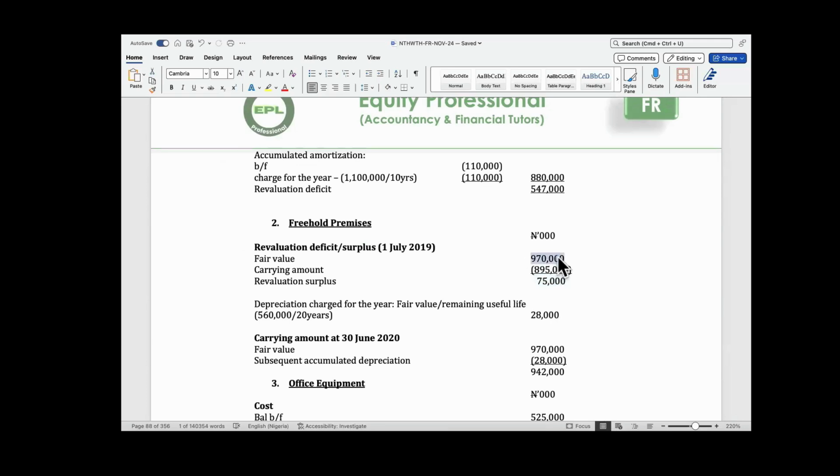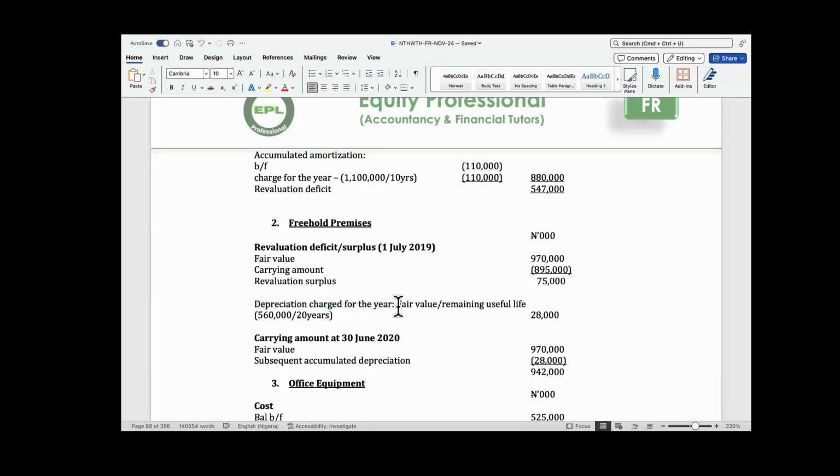Now, since this is at the beginning of the year and I need my figures at the end, the second thing I will need to do is to get my depreciation for that year. Since this freehold premises comprises land and building, land is not depreciable. Sorry, I only depreciate the building.